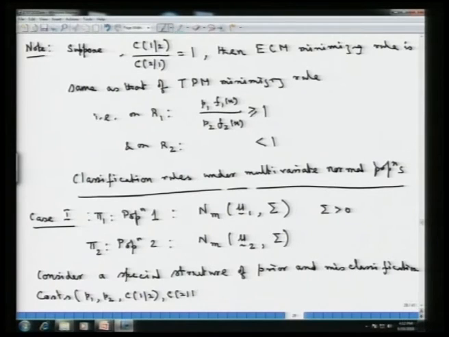The priors are P 1 and P 2, and our costs of misclassification are C 1 given 2 and C 2 given 1. We have this special structure, that P 2 into C 1 given 2 divided by P 1 into C 2 given 1 is equal to 1. It is a special case, definitely.